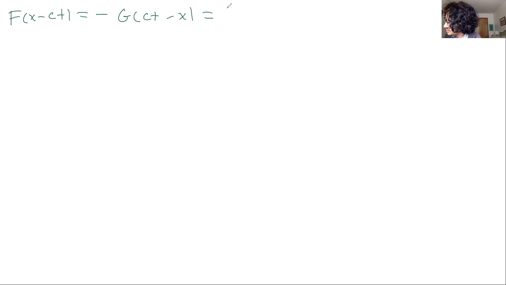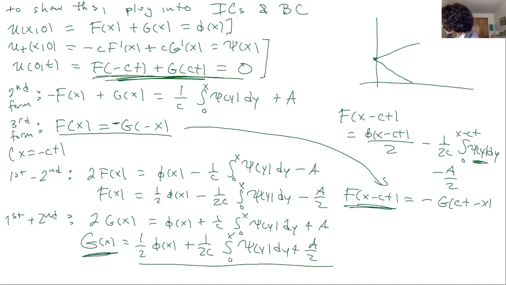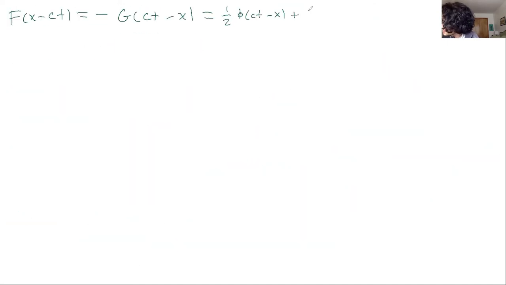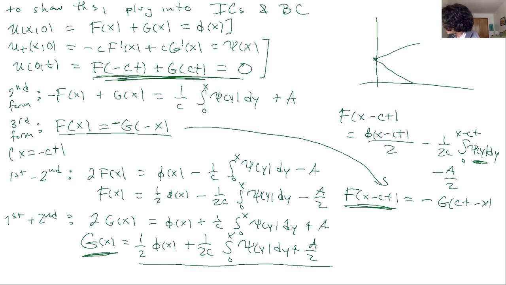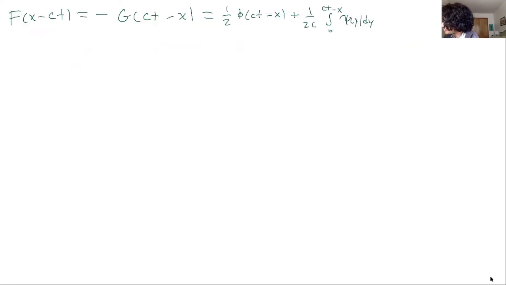So it's going to be a half phi of ct minus x plus 1 over 2c of the integral from 0 up to ct minus x, plus a over 2, okay? And it'll be the negative of all of that, right?